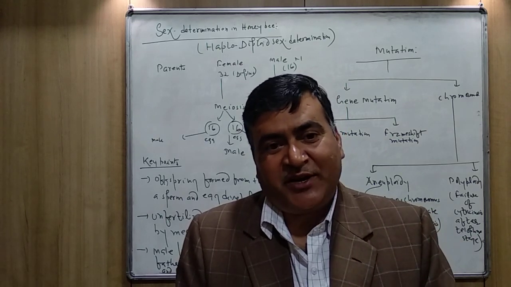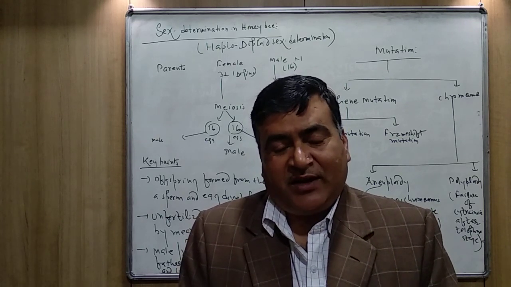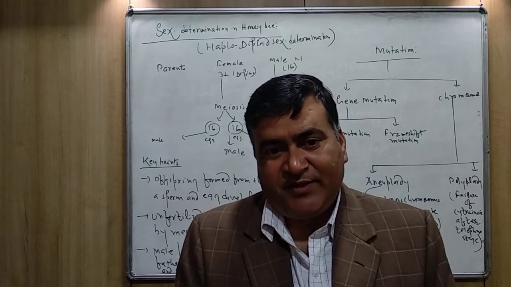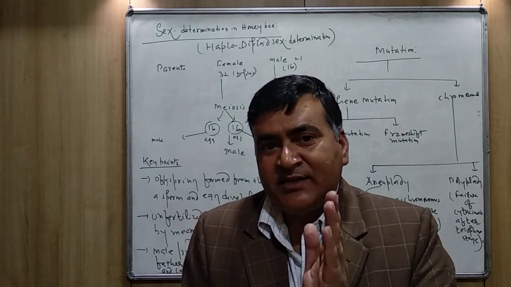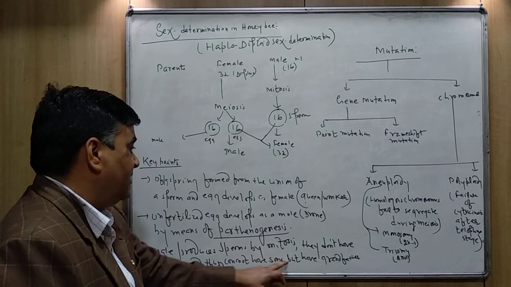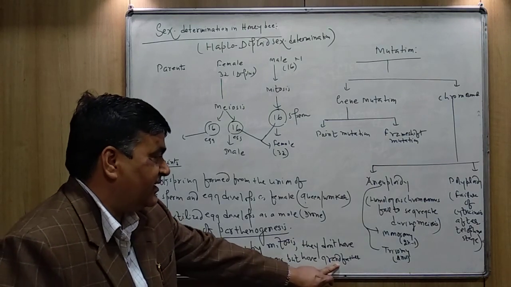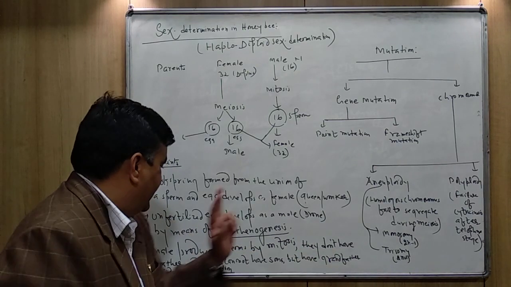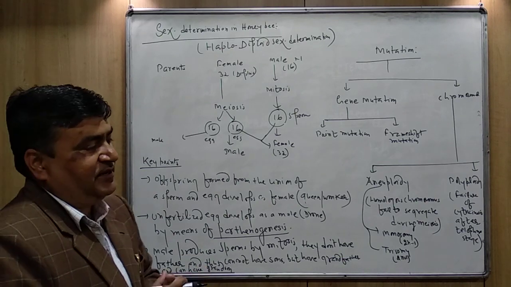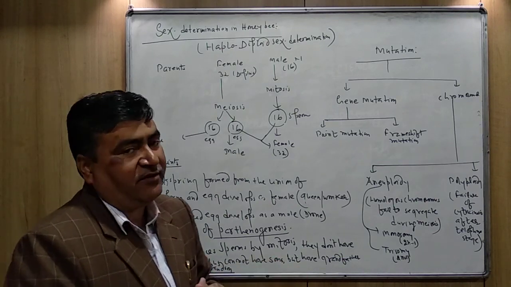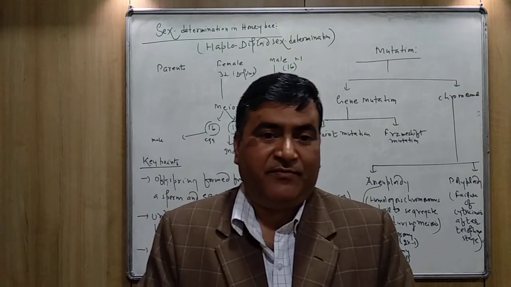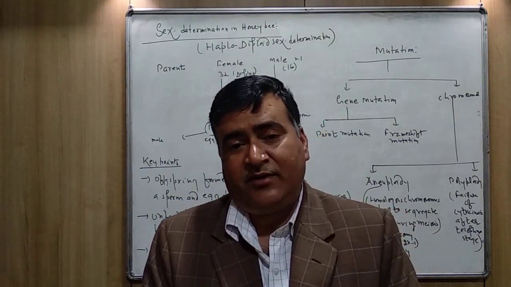So it's very, very important. A male honeybee doesn't have a father and doesn't have a son, but they have a grandfather and can have a grandson. Definitely the grandfather and grandson will be there in the case of the honeybee.